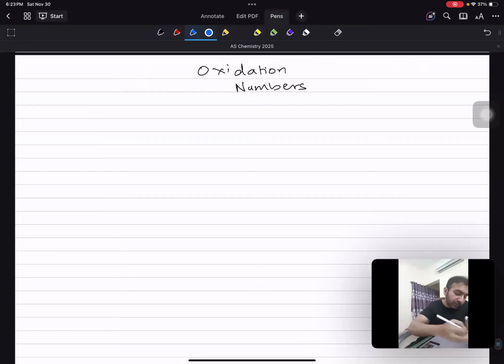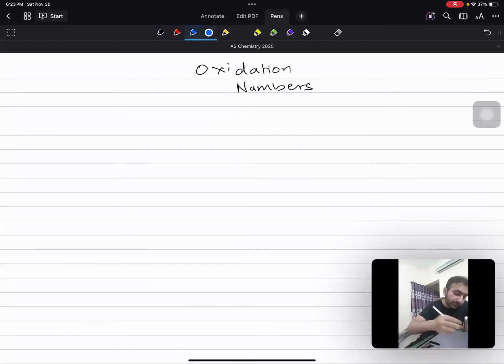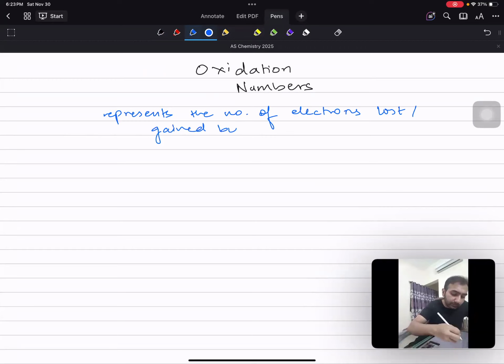So oxidation number represents a number that represents the number of electrons lost or gained by an element. It could be even a compound, but even there, oxidation number is basically found out for a single element. It is never for a whole compound, it is for the element. Let's take some examples.